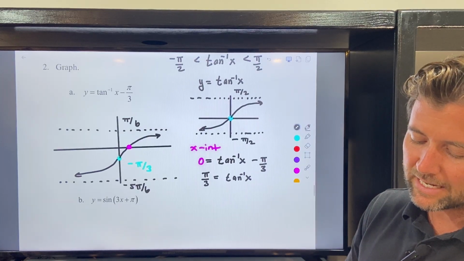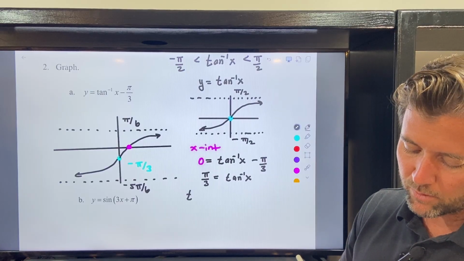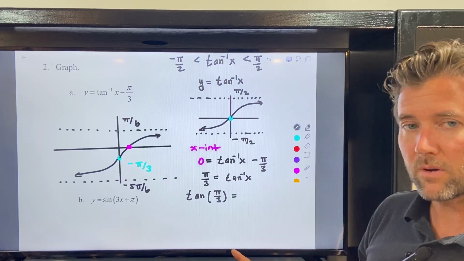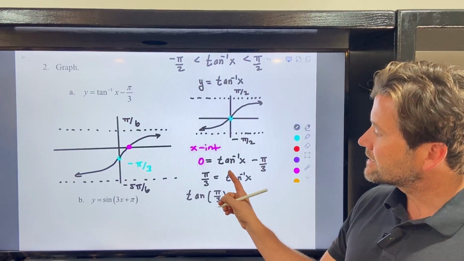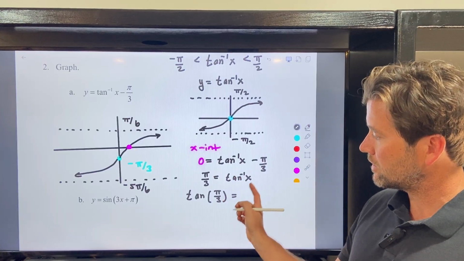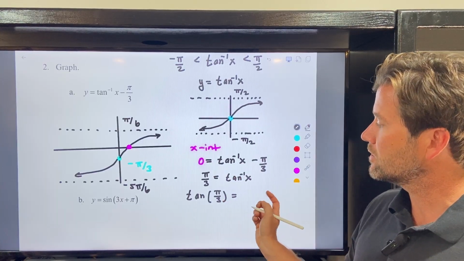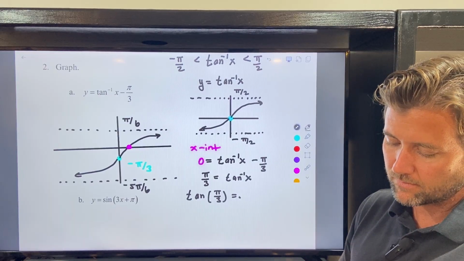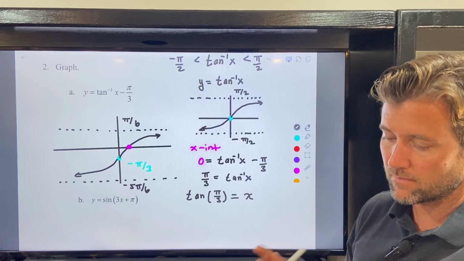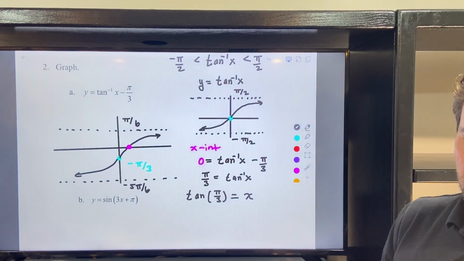Then I'm going to take the tangent of both sides. This is the tangent of pi over 3. I don't want to write this down, but I'll say it. I'm going to take the tangent of arctangent. So imagine me writing down tangent of arctangent. That would go away, and you get x. They undo each other. The tangent and arctangent are inverses. Now pi over 3.